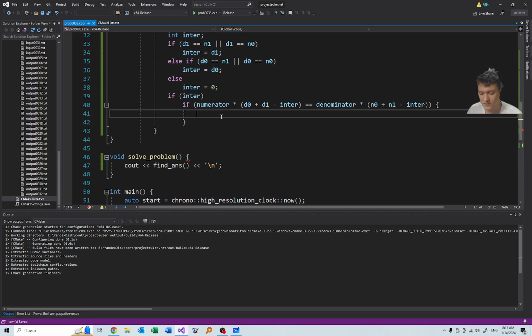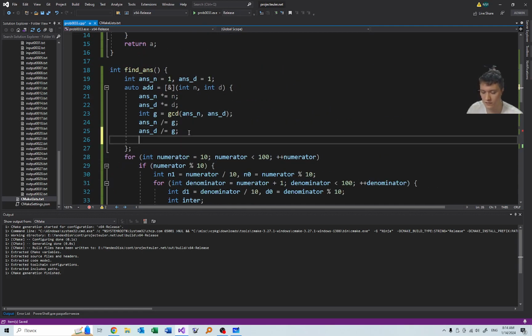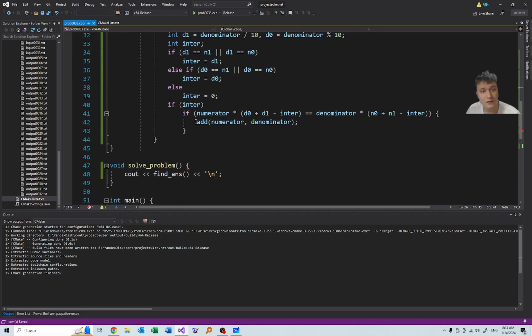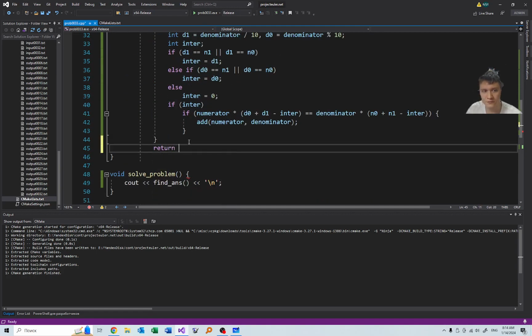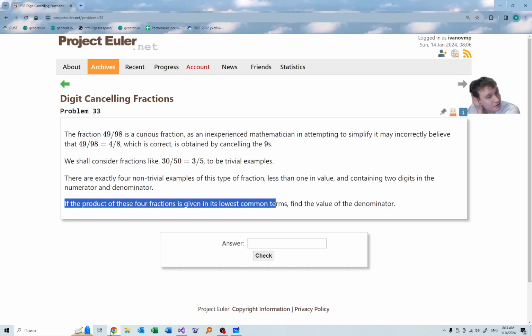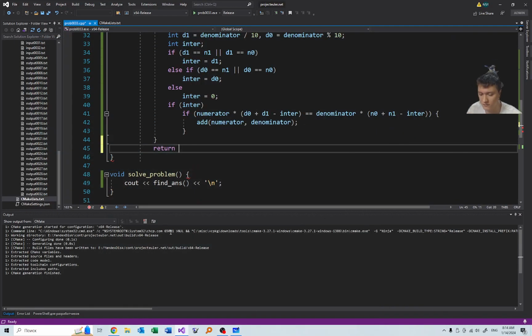Okay, and we simply add numerator and denominator. Also, I'd like to look at this fraction. Great. And finally we return the denominator.